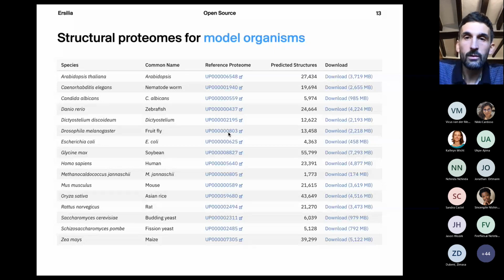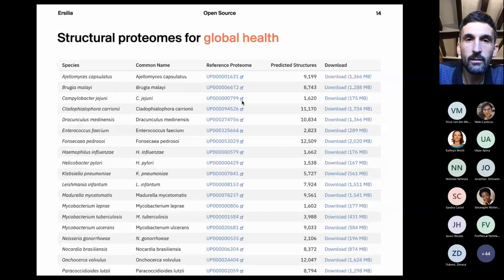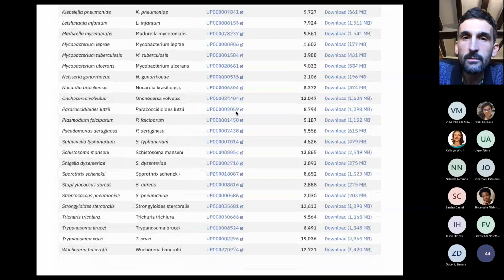So now we have structural proteomes of basically any model organism that you can think of, including, of course, human, but also mice, Saccharomyces, etc. And perhaps more importantly, we have resolved structural proteomes of essentially every pathogen that we can think of in the domain of global health, including, of course, Mycobacterium tuberculosis, Pseudomonas, Plasmodium falciparum, etc. So it's really interesting to browse this database and see whether we can find structures for our proteins of interest.